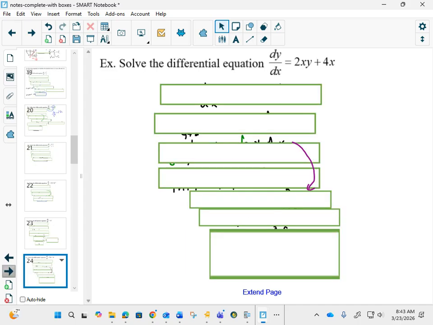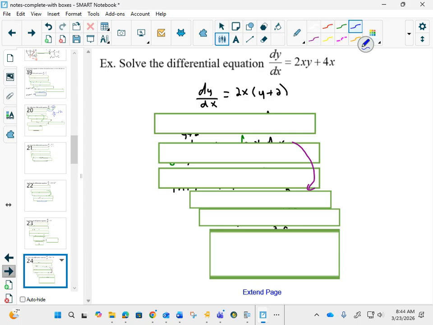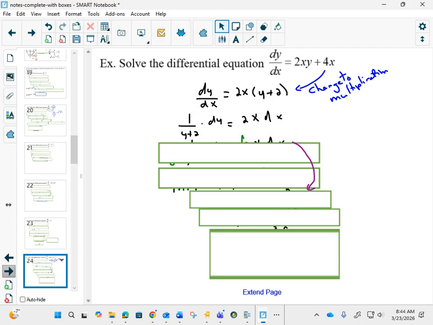And here's our last one. So I want to get the x's by itself and the y's by itself. So I have to do a little bit of work, and it's going to be very important that we change things to multiplication, because if you change things to multiplication, you can move things to either side, so you can do the integration separately.